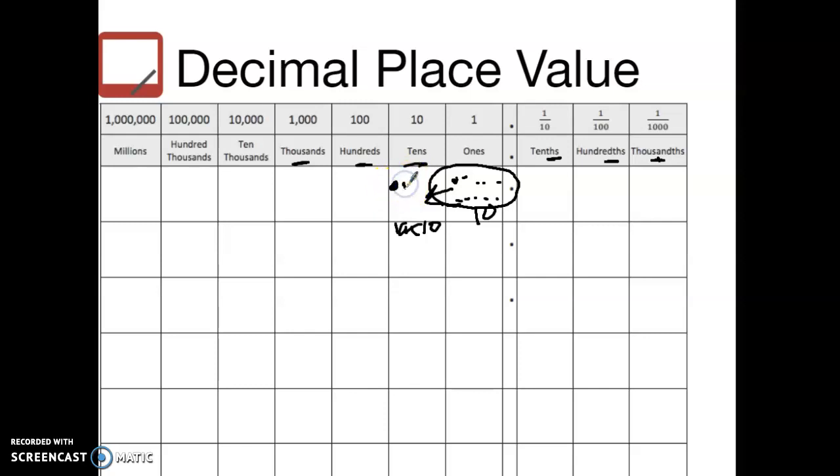So 1, 2, 3, 4, 5, 6, 7, 8, 9, 10. My dots are a little small here, but that's okay. So now we have 10 tens. And boys and girls, remember you can't have two digits in a place value. So 10 tens essentially becomes 100, right? So there's our 1, 0, 0. So we have 100.